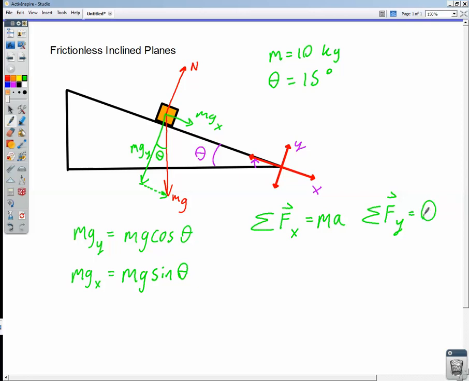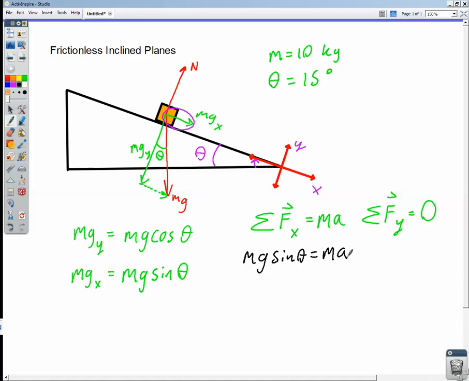All right, so filling in the forces that are acting in the x direction, we see that the only force acting in the x direction is that component of the weight, mgx. So we've got mg sine theta acting down the ramp, and that's equal to the block's mass times its acceleration.